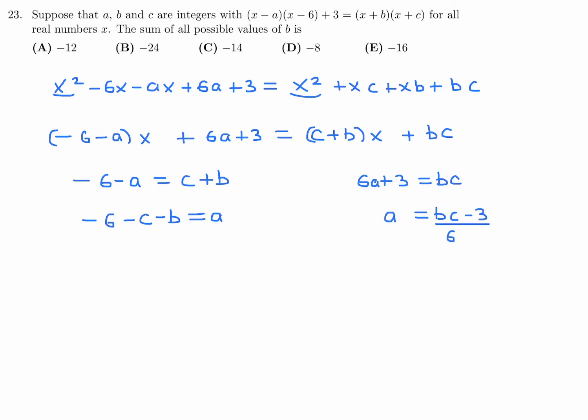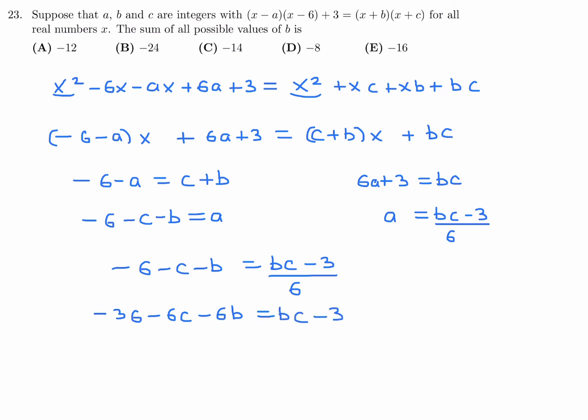Okay, so now let's equate them. Minus 6 minus c minus b is equal to bc minus 3 over 6. And then multiply through by 6, and we get minus 36 minus 6c minus 6b is equal to bc minus 3.